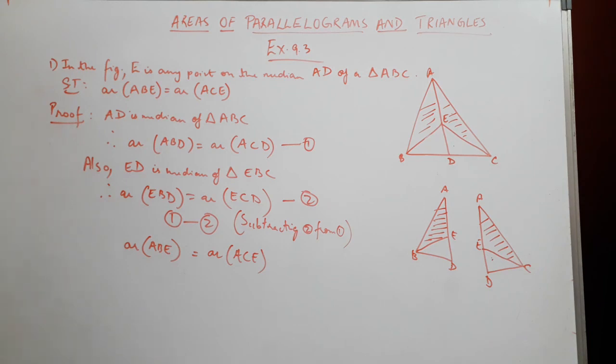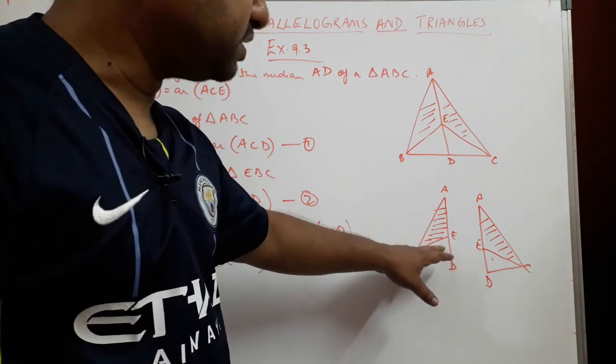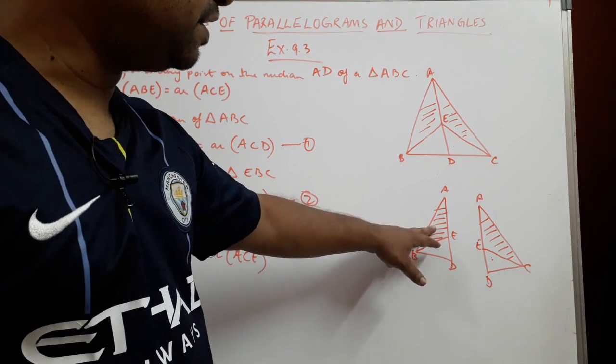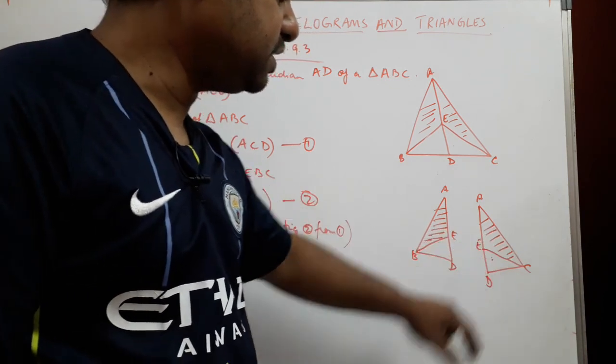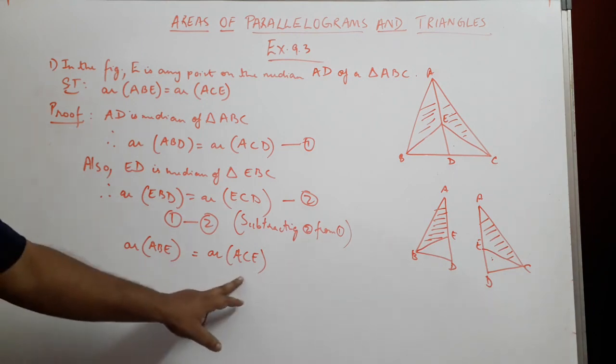All we did was subtract a small part from the bigger triangle on both sides, and we got to show those parts as equal to each other.